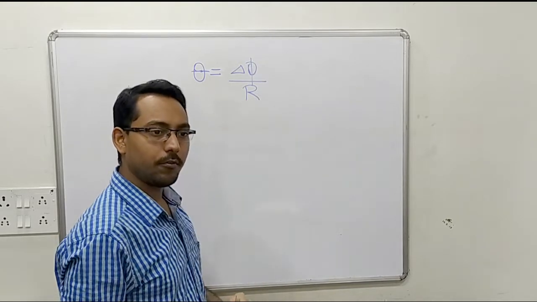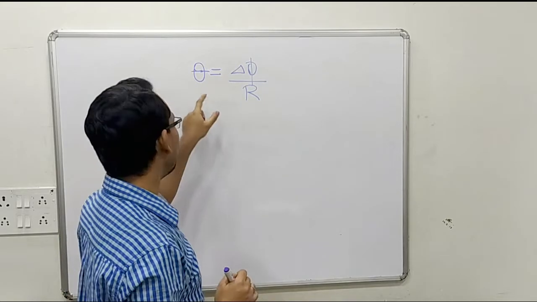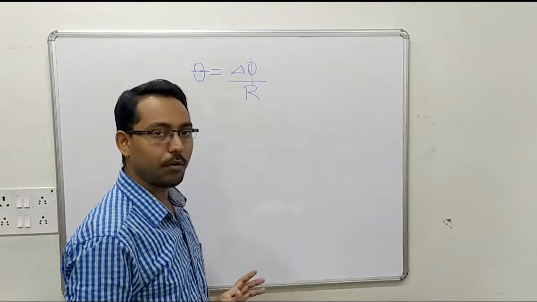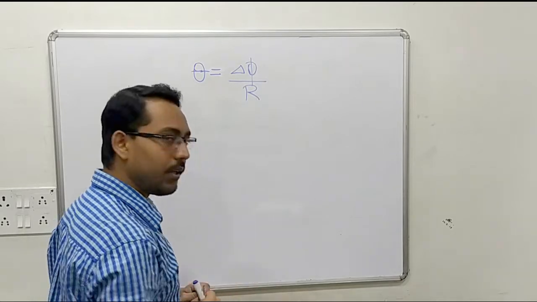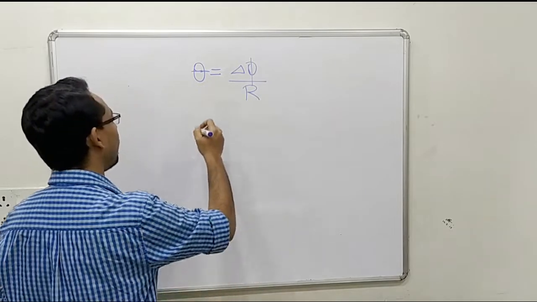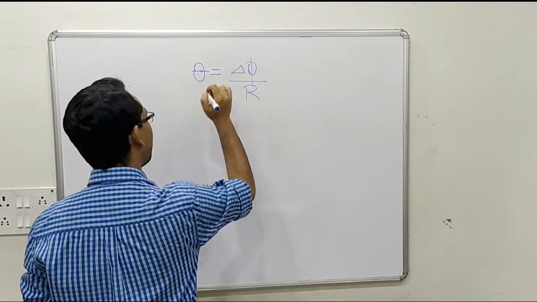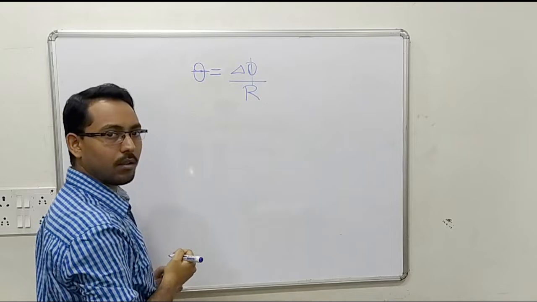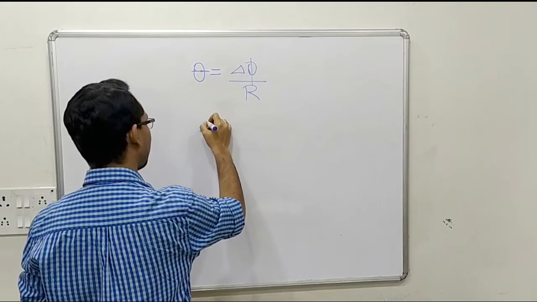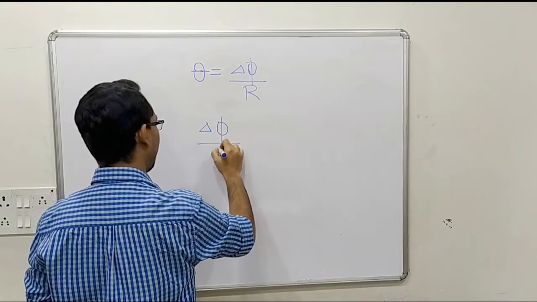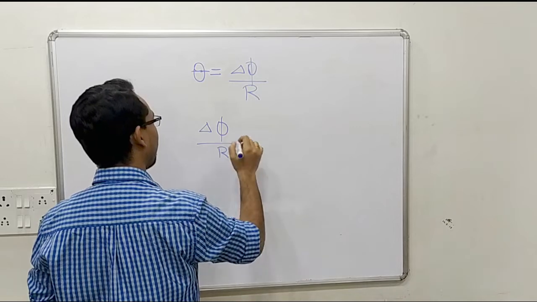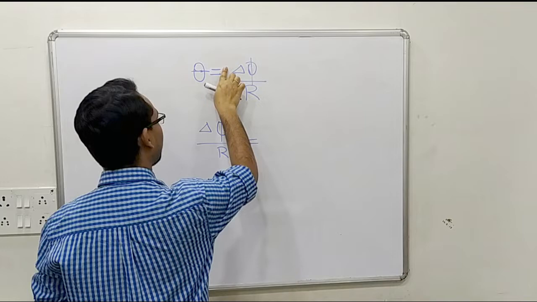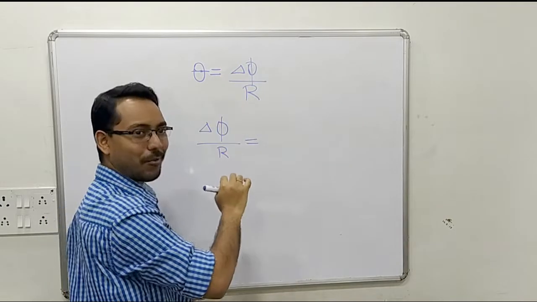So you will learn very soon in that video that the deflection will depend on this. That's all, and this is all that we are going to need. How this is linked with theta is something like this: the flux change by R is equal to, this is not yet the exact formula, there was still some constant missing.